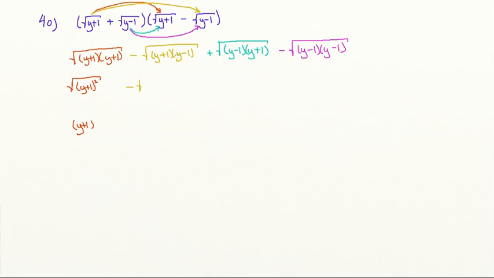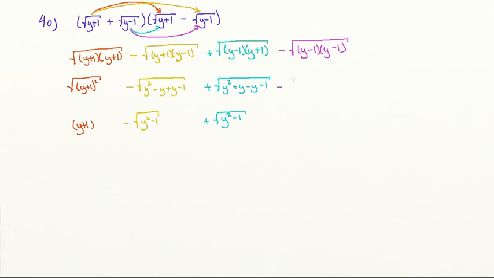When I multiply this out, I get y squared minus y plus y minus 1. That's y squared minus 1. Do the blue ones, y squared plus y minus 1. So that becomes the root of y squared minus 1.